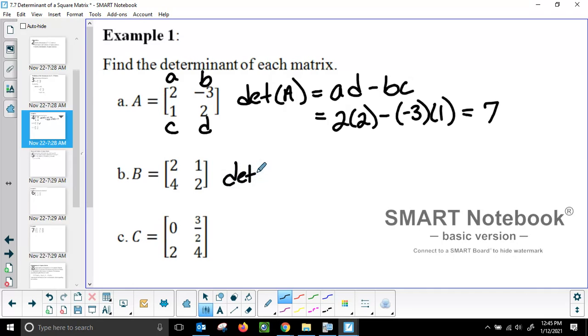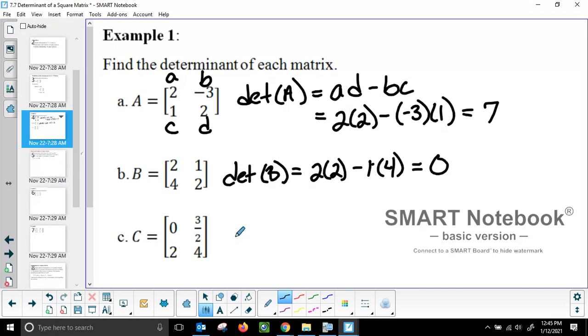So here, the determinant of matrix B. We do the same thing here. AD minus BC. So here we would have 2 times 2 again, minus 1 times 4. So 4 minus 4, this would be 0.